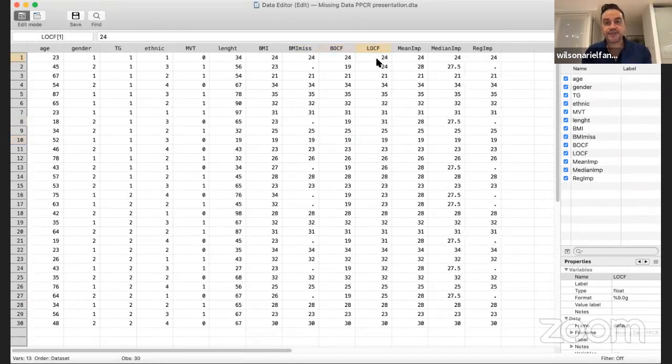So the last observation carried forward, as I said, again doesn't make sense in this case, but if you are doing multiple measurements, it makes more sense. For example, you are doing the measurement now, and in 2 hours time, in 4 hours, and 6 hours.